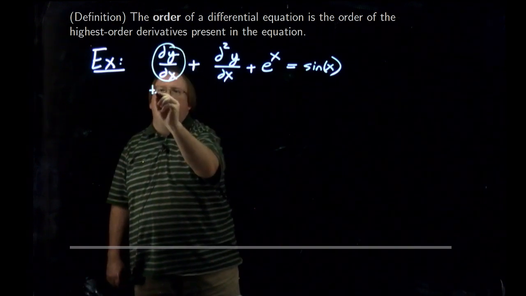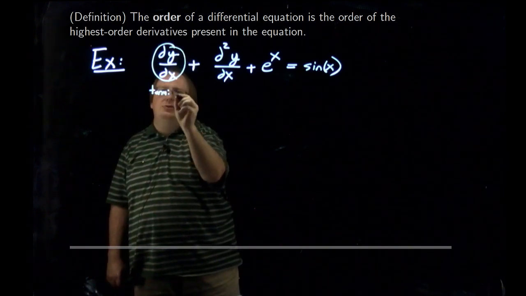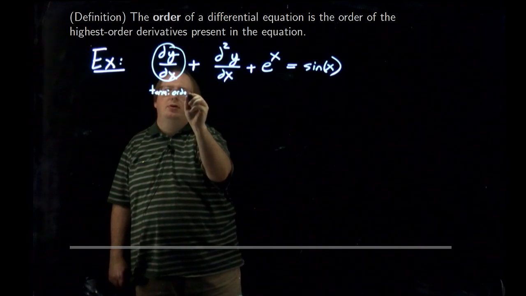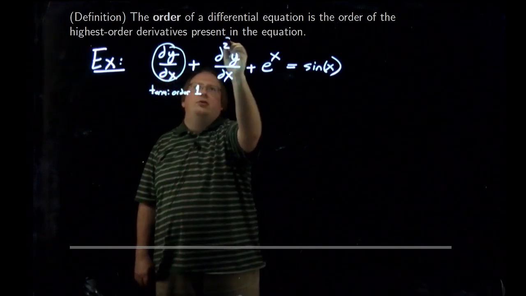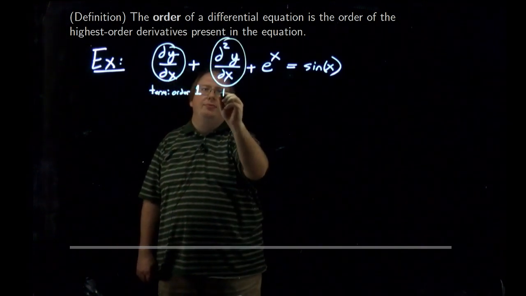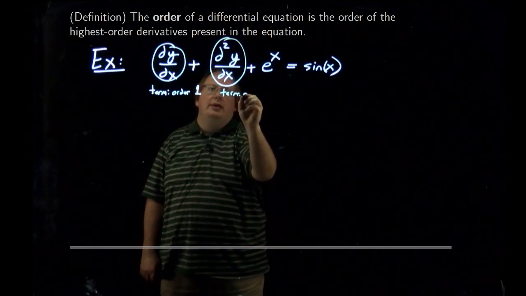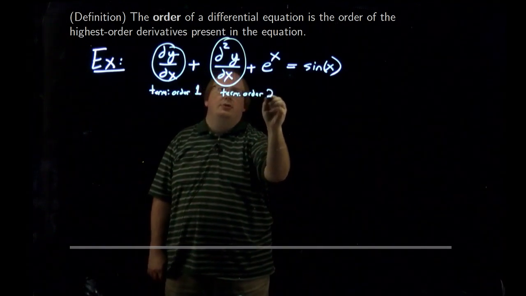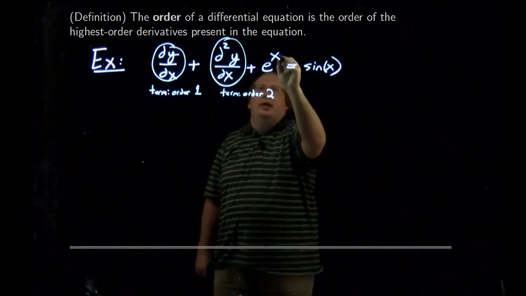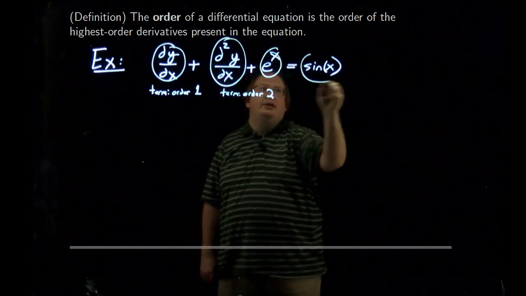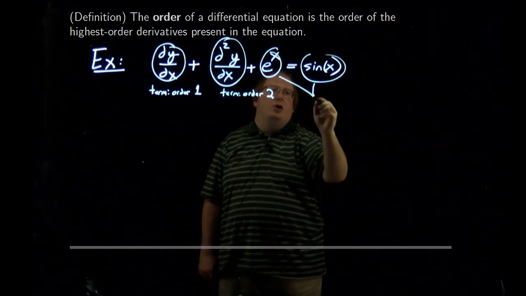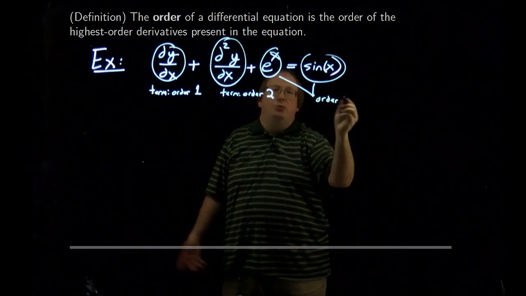So this term is order 1. This term is order 2. And these two terms here are both order 0, because there are no derivatives there.